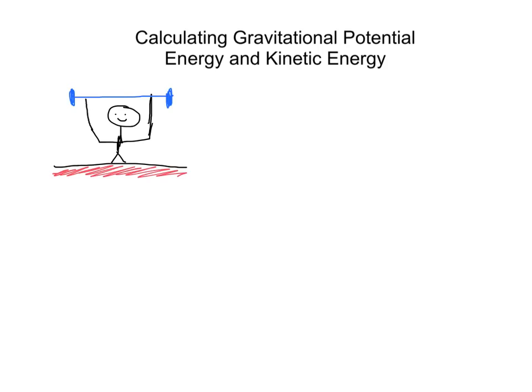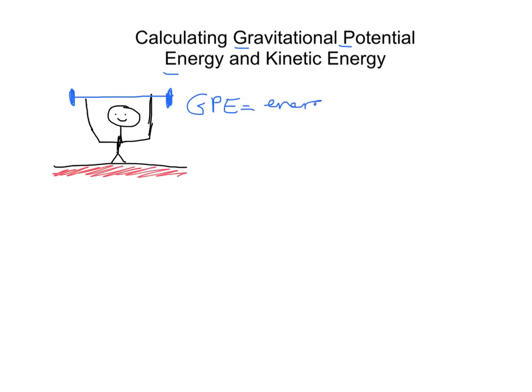So the GPE, as it's shortened to, the gravitational potential energy, is energy stored in an object when lifted to a high position off the ground. So we'll just make a note of that.